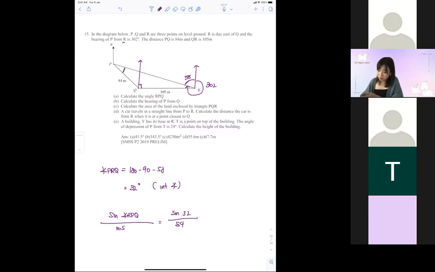Okay, can you help me put calculator? Let me see if there is a typo. It looks very weird.